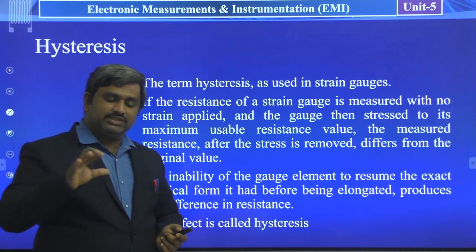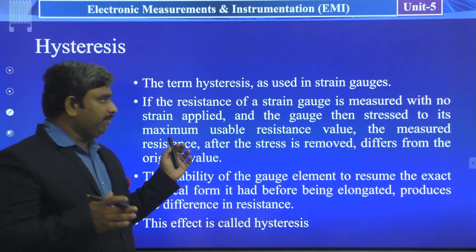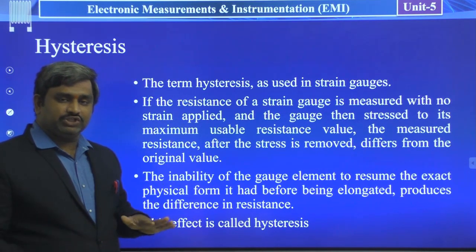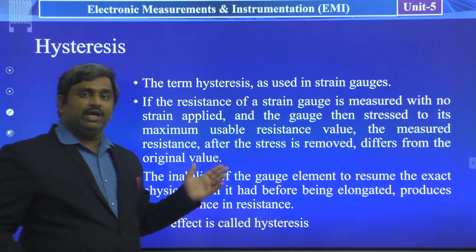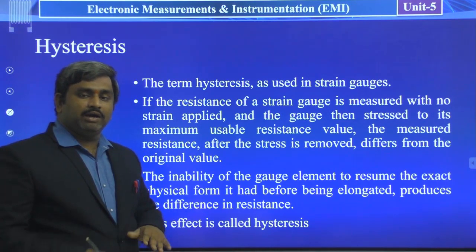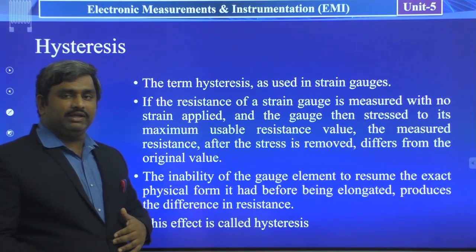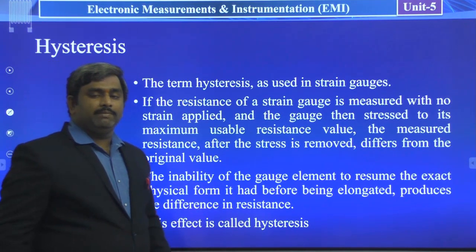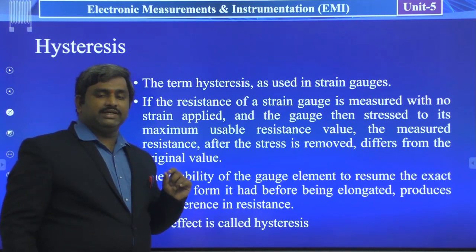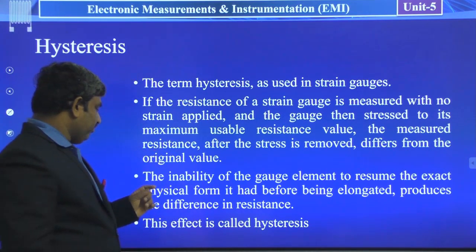So whenever stress is applied, it will exhibit one resistance value, and after releasing the stress, the resistance variation goes back with a small loss. That is called the hysteresis loss effect.